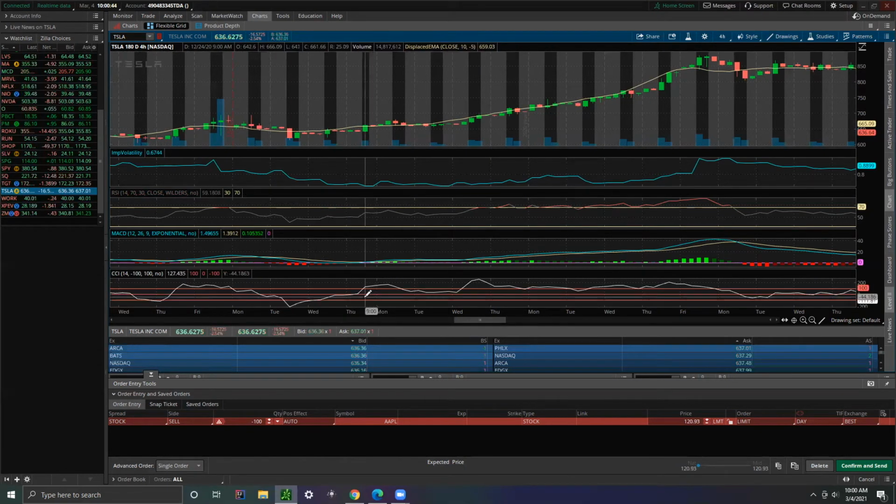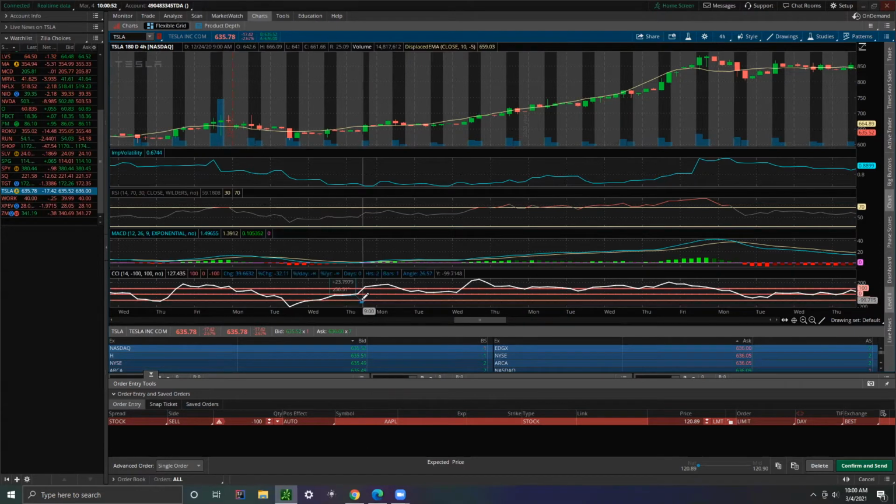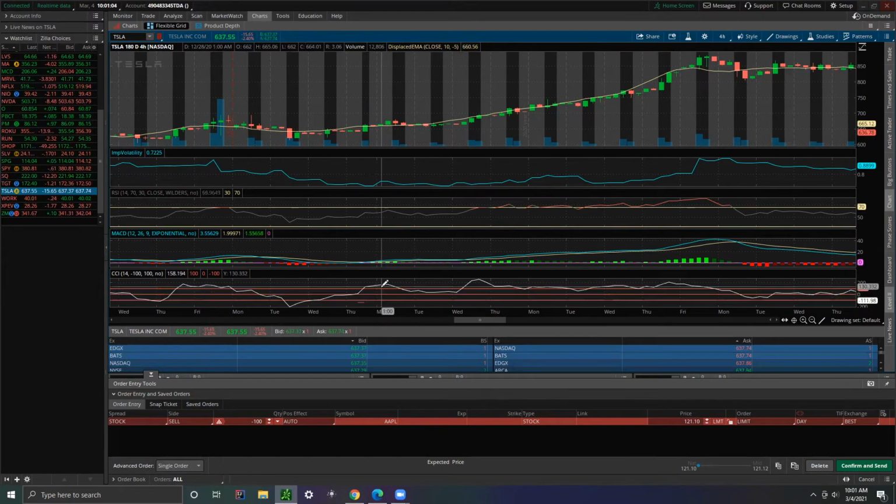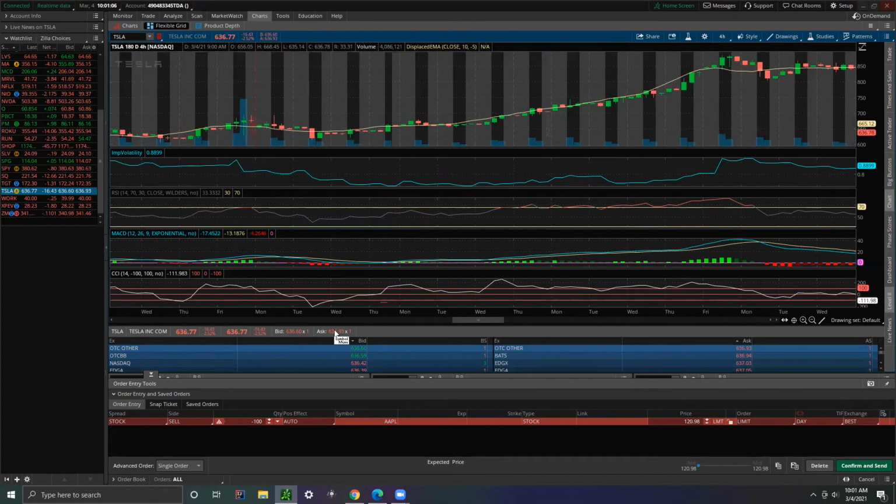This middle line is 0, the top line is 1, and the line on the bottom is -1. So you're looking at a scale of 0, 1, -1. From bottom to top, the very bottom line is -1, the middle line is 0, and the top line is 1.